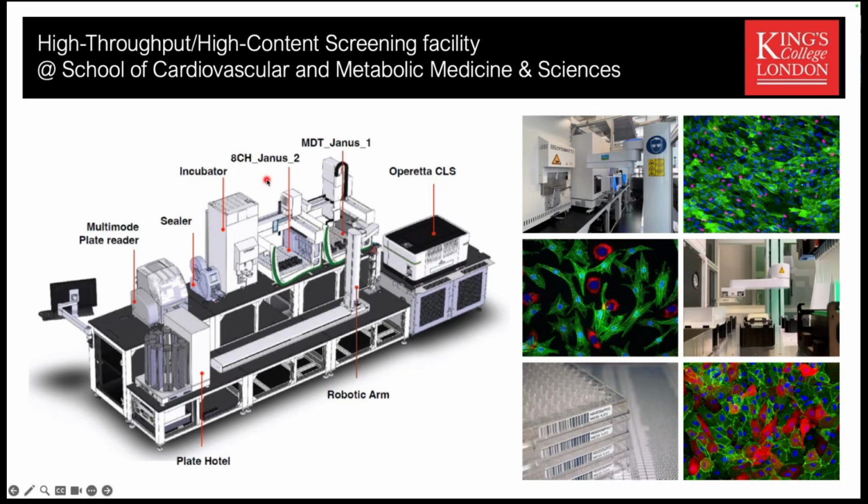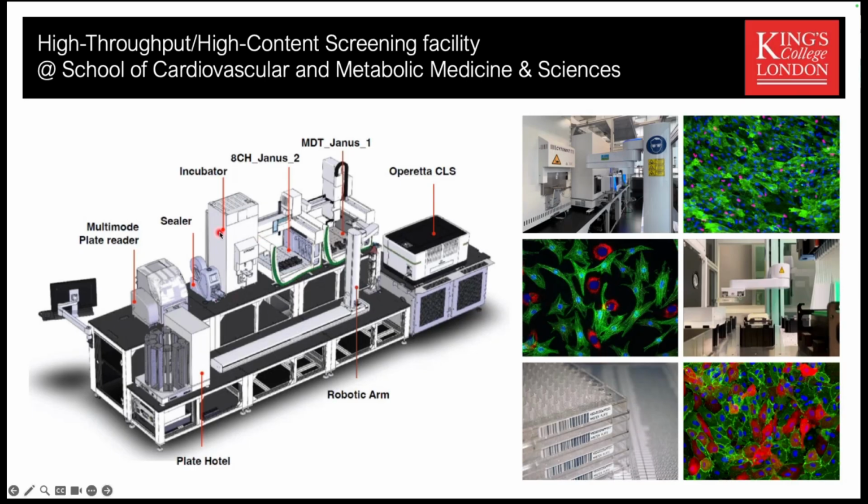We have two liquid handling machines, one with a 96 head for reformatting plates, and one with 8 independent channels to cherry pick compounds or molecules from source plates and make custom libraries. We have an incubator on deck for when we need to do, for example, kinetic measurements and keep the cells in the incubator.